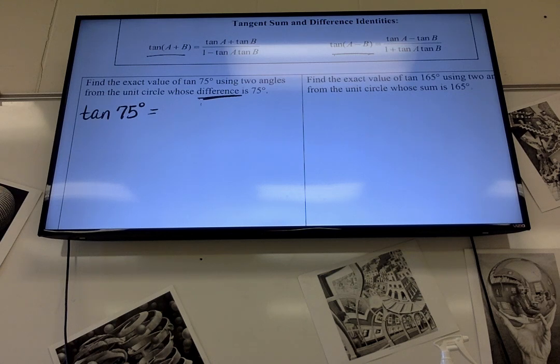Do angle measures on this trig chart. 120 and 45. Yeah, that's a good one. 120 minus 45. And that's A and B. So we are going to use this one because we're subtracting.